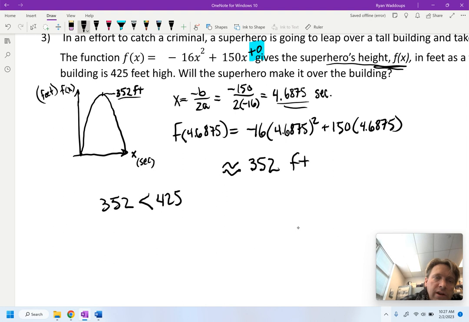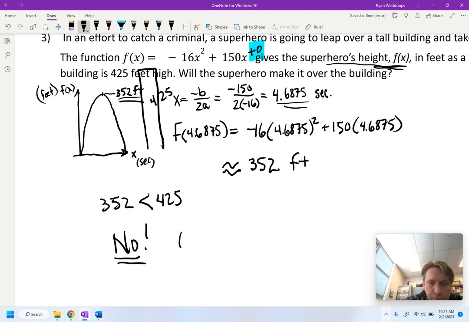But what we're really looking for is that maximum height. And the height of the building is 425 feet high. And so the answer is no.